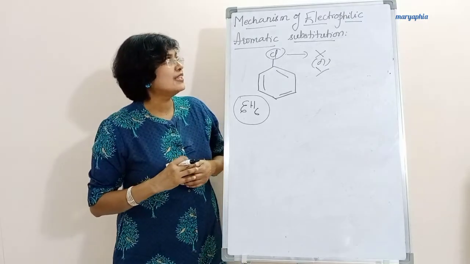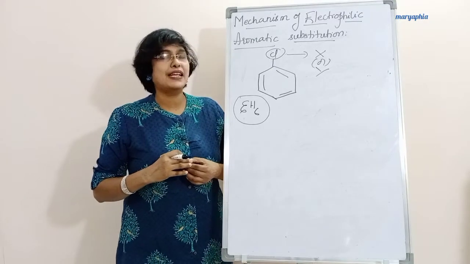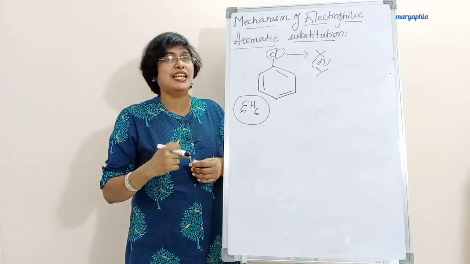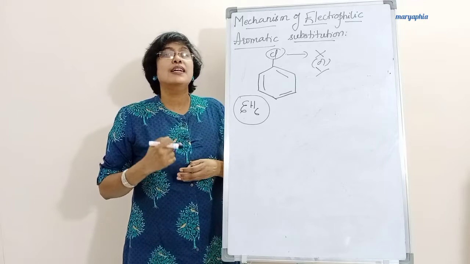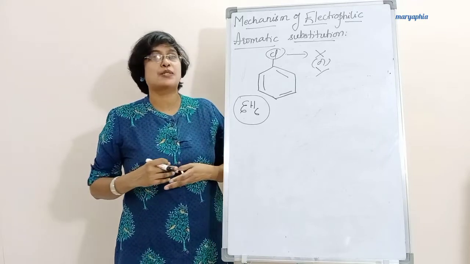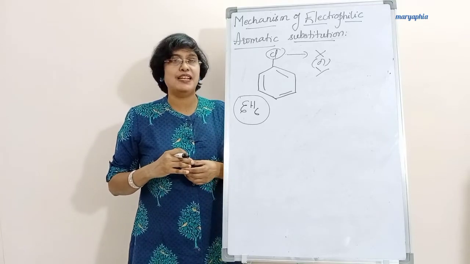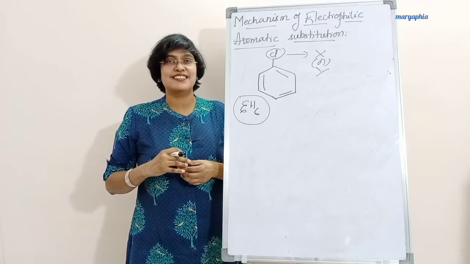So what's the topic? Mechanism of electrophilic aromatic substitution. In this class especially, I want to show you how this electrophilic aromatic substitution takes place, that is, the mechanism of electrophilic aromatic substitution.